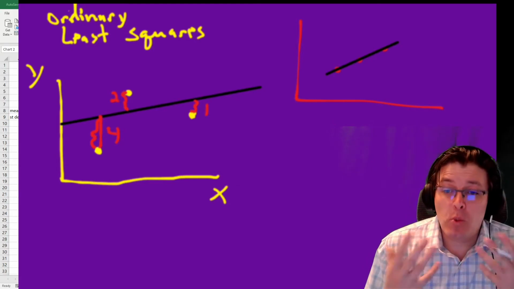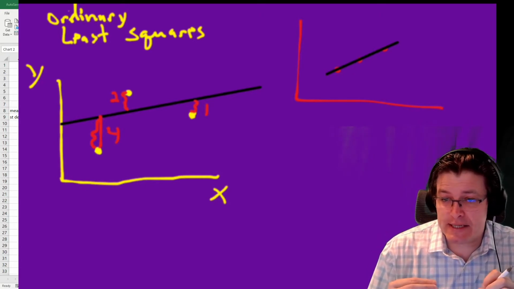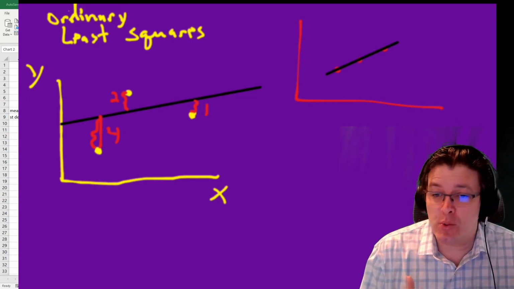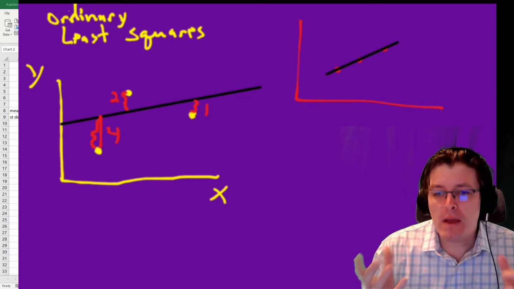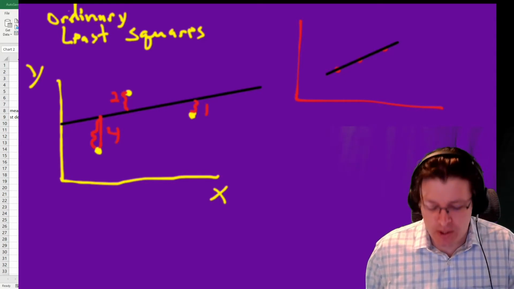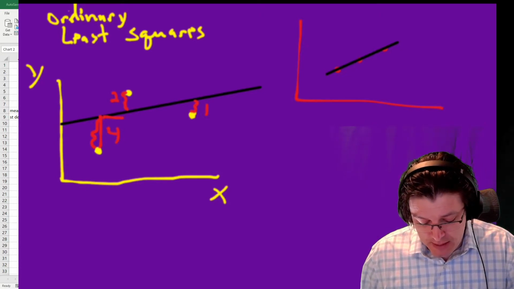Okay, so what we'll do, and we'll see that we don't have to go through this process. We have some techniques to avoid having to do all this math. But theoretically, this is what our math is going to have us avoid having to do. So if we square, this is really 16, right?